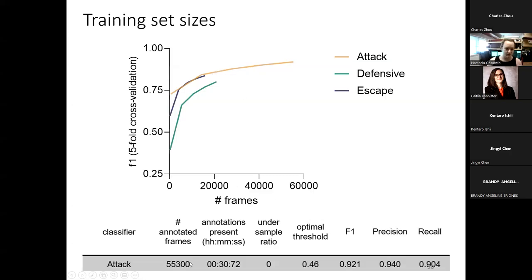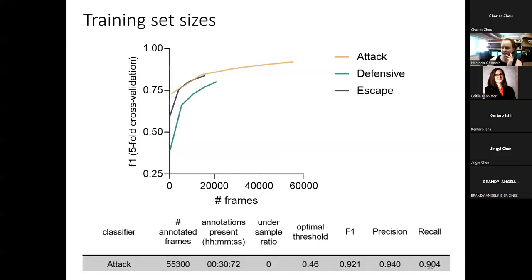But still, for this attack classifier, even though I way overtrained it, this is only 30 minutes of positive behavior. For a lot of these, I'm adding 2,000 frames, which is about 1 minute of positive behavior. So it depends a lot on how distinct the behavior is, but you really don't need to do a lot to get these working well.